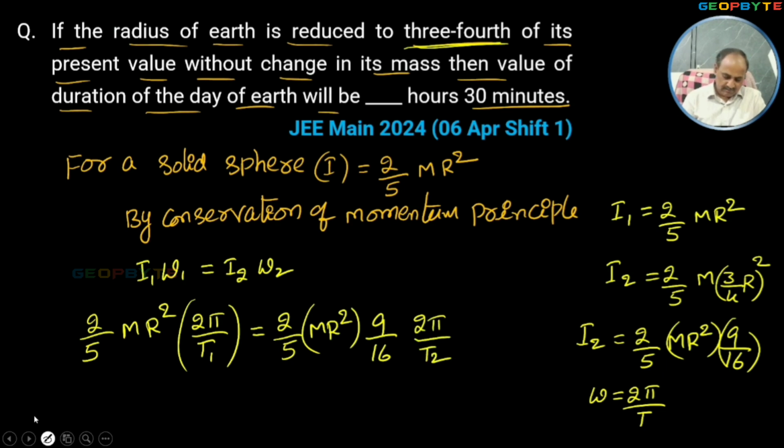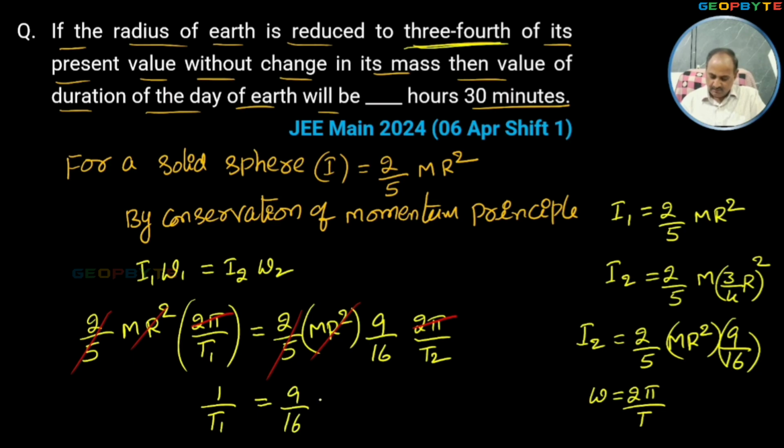Let us cancel 2 by 5 m r square and 2 pi. Then finally, 1 by T1 equals 9 by 16 into 1 by T2.